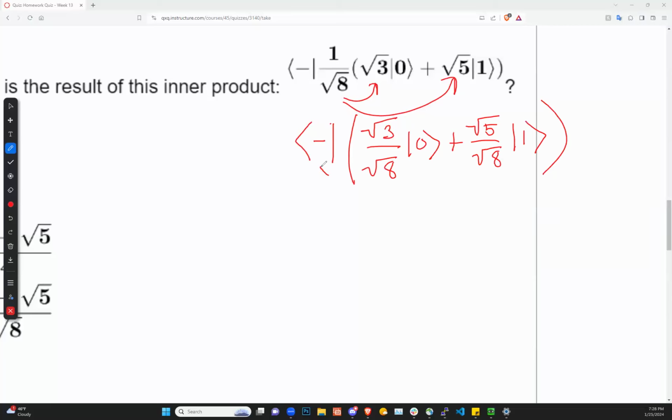And then I can distribute again with this minus state. I'll apply that to both terms here, and I will bring the coefficient out front. So the square root of 3/8 times this inner product plus the square root of 5/8 times this inner product.